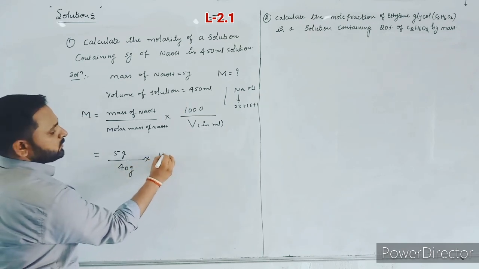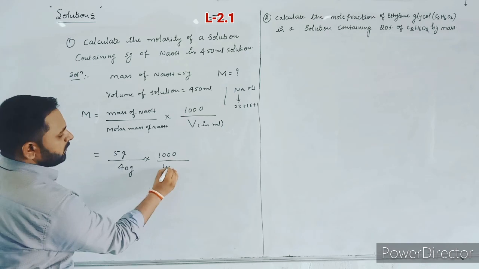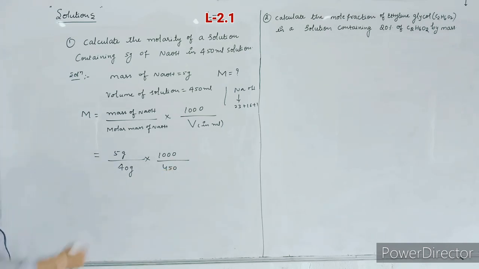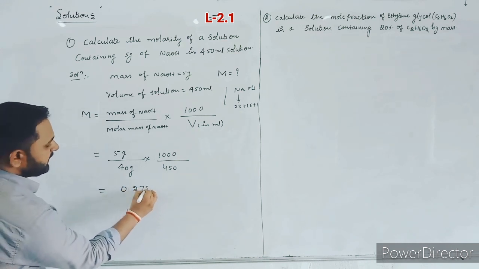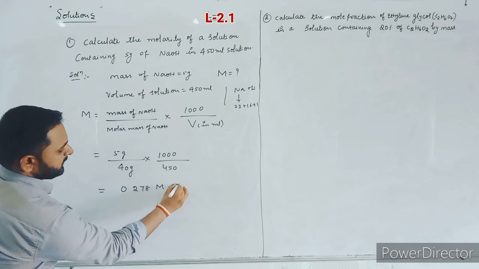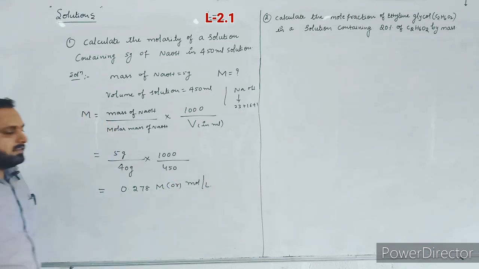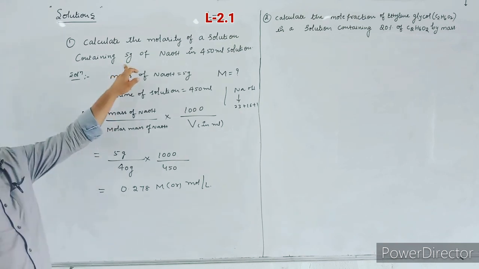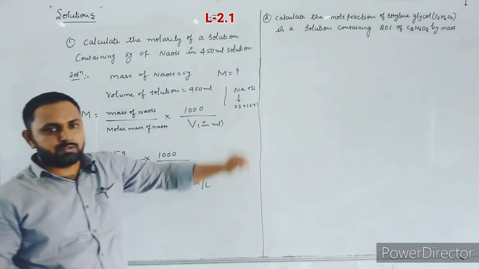Next, into 1000, divided by the volume of solution in milliliter, 450 milliliters. Just simplify this one and you will get nearly 0.278 molarity, or we can represent it like this also, mole per liter. This is the molarity of solution containing 5 gram of NaOH in 450 milliliter of solution.